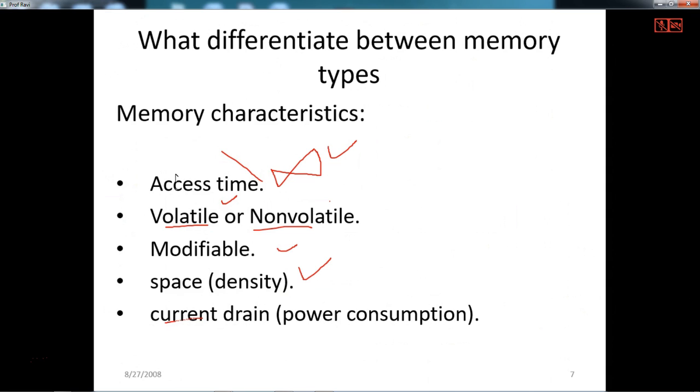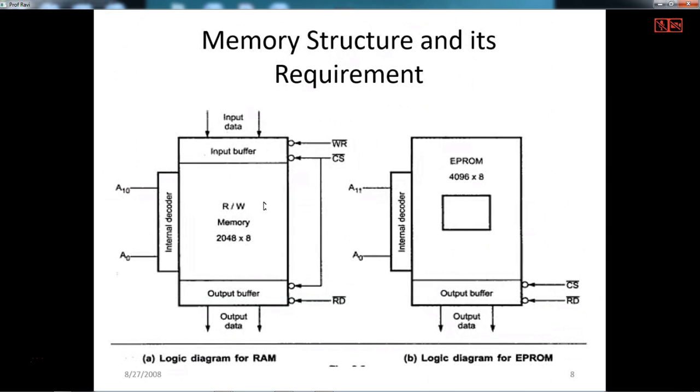If you compare RAM and ROM, the memory access time of RAM is less and ROM is more, along with volatility and space density.